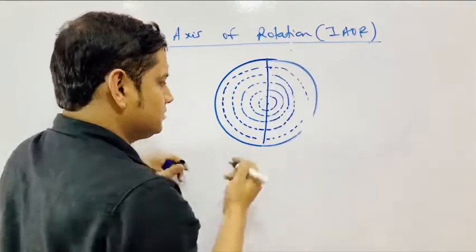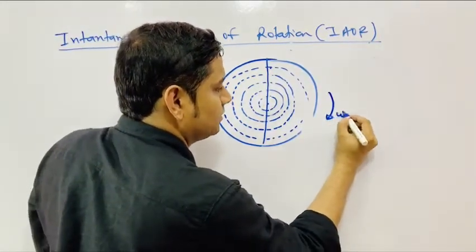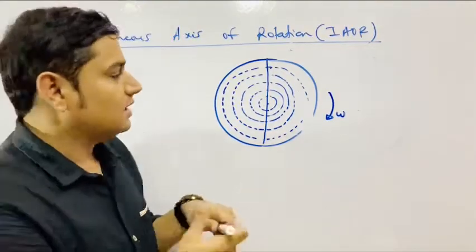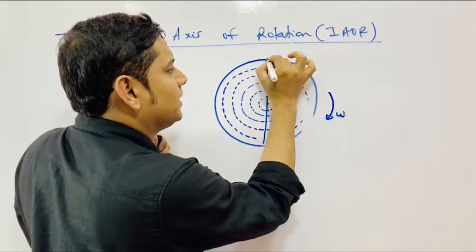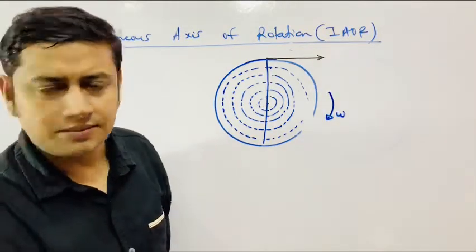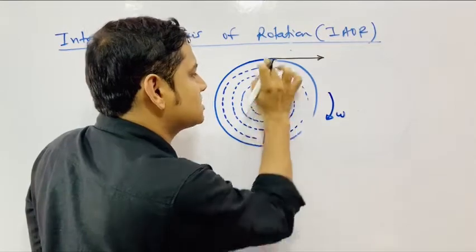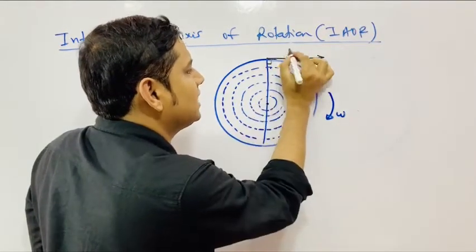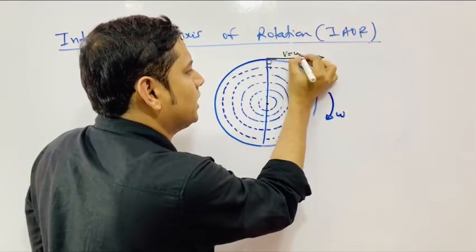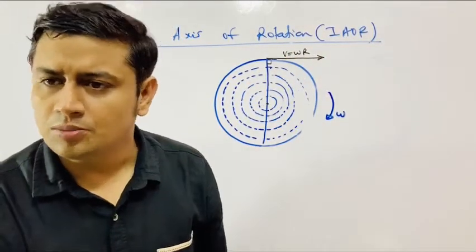Suppose this is rotating with omega. Can I say that the velocity of this point would be in this direction, tangentially, and its magnitude would be proportional to the distance from here? If the radius is r, this velocity would be omega into r.